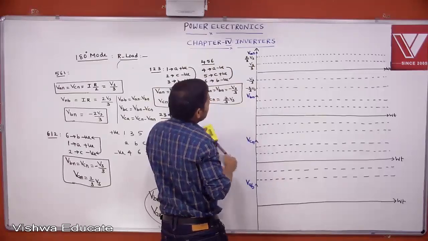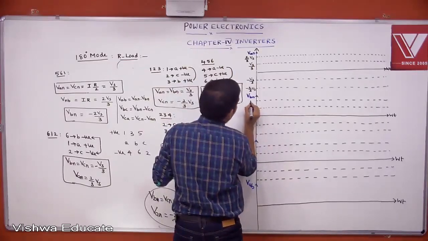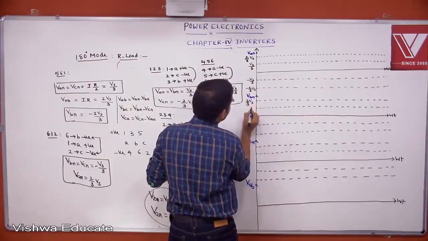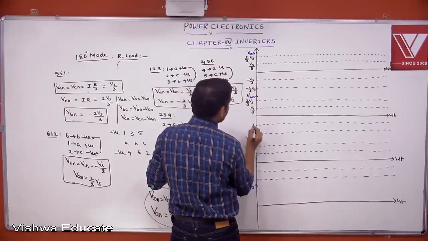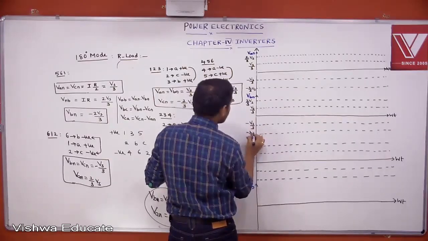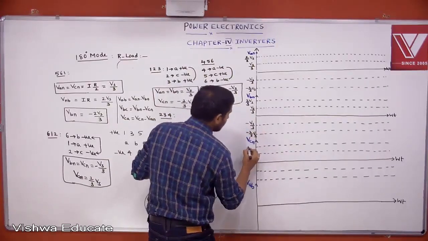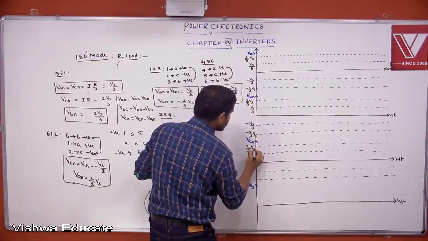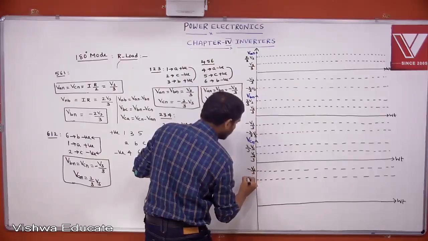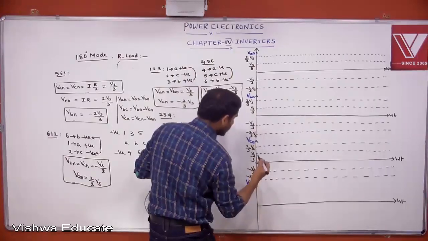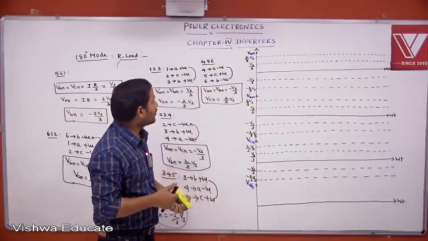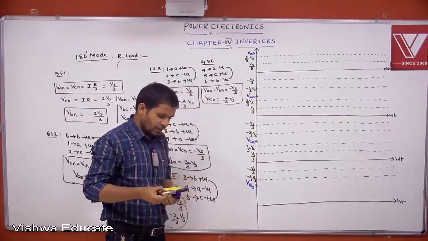Then this is 2 by 3 Vs, this is Vs by 3, minus Vs by 3, minus 2 by 3 Vs. This is 2 by 3 Vs, Vs by 3, minus Vs by 3, minus 2 by 3 Vs. Later on we will draw the line voltage also. Here I am drawing three phase voltages and one line voltage waveform.